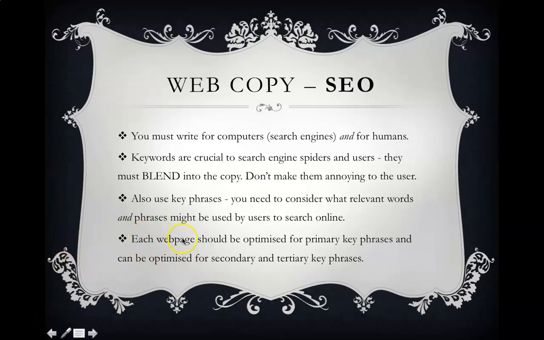Each web page should be optimized for primary key phrases and can be optimized for secondary and tertiary key phrases. Okay, so obviously you have your primary key phrases, each web page.